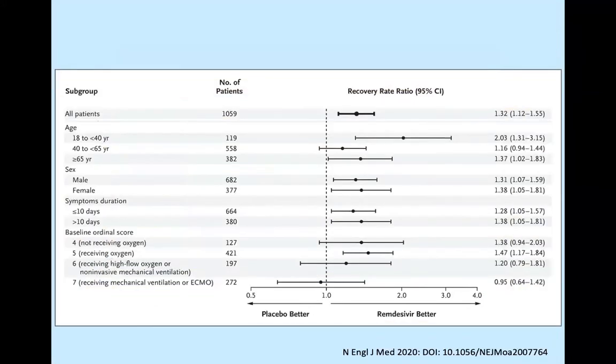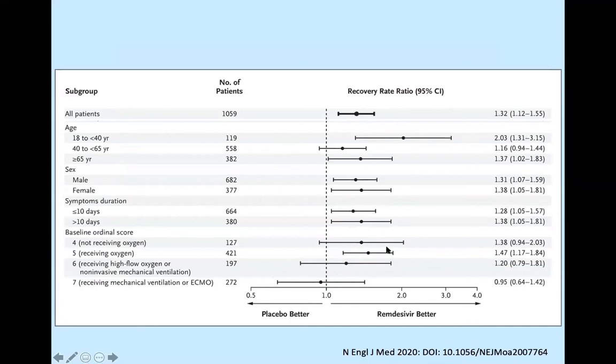And what they found, the recovery rate is really those that got better on their ordinal scale of good to bad. And they found that for those on ventilation, it made very little difference at all. For those on high flow oxygen or NIV, it crosses the midline, so therefore not statistically significant.